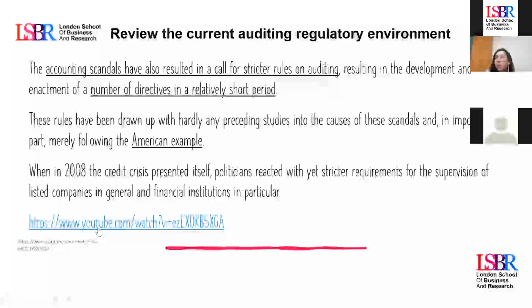For other people, probably the banks were responsible. Others say that probably the external auditors were, because they didn't detect all the deficiencies that the banks had. So we can find different perspectives about who was responsible for this financial crisis.